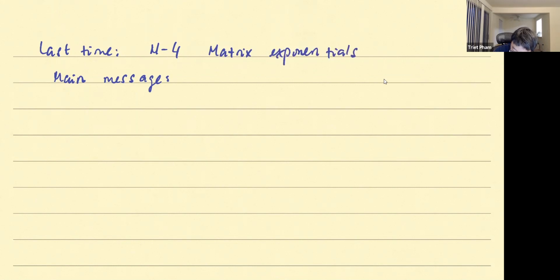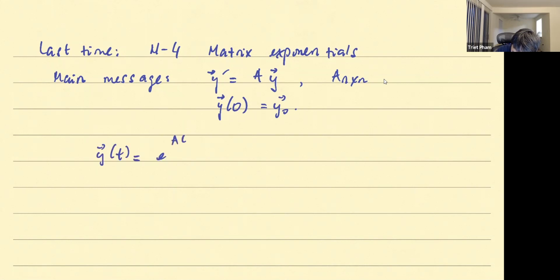The main message is this: if you look at a system y prime equals A y, and it doesn't matter what A is, any size, an n by n matrix, and you're given the initial condition, then the solution to this system is y of t equals e to the At times y0, period.